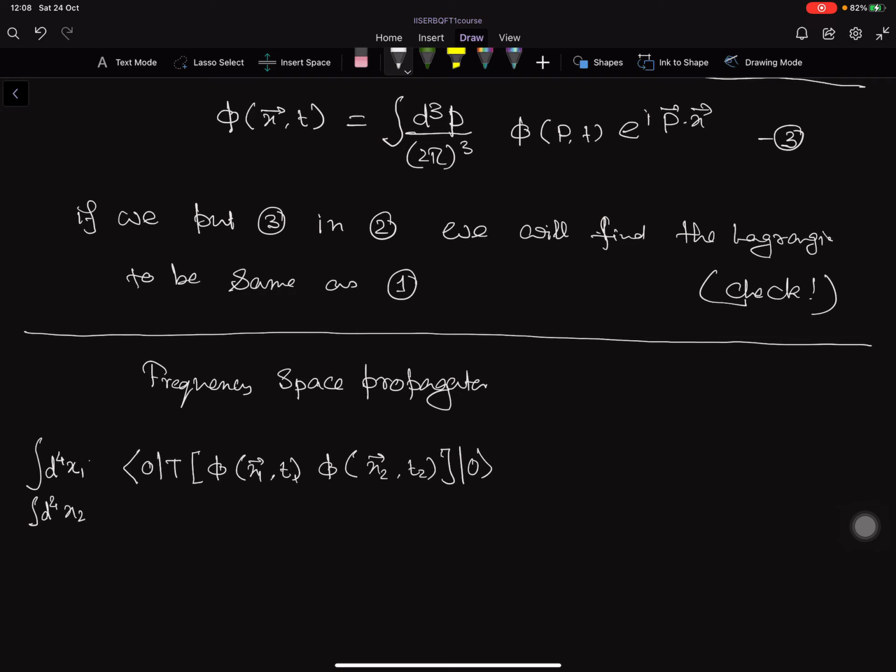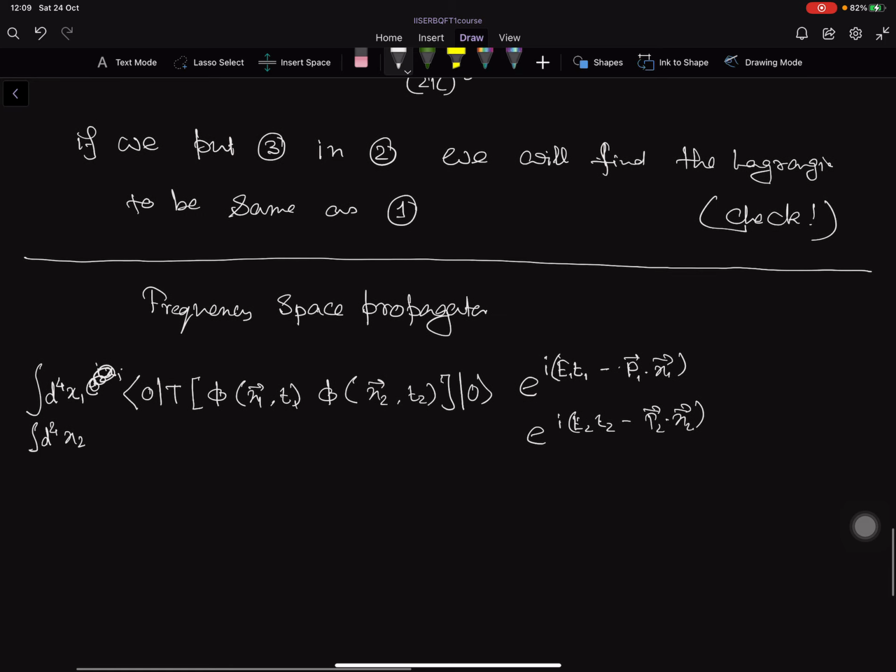Up to, of course, a suitable exponential, let's write this exponent here properly: exponential i e1 t1 minus p vector 1 dot x1, and similarly exponential i e2 t2 minus p2 vector dot x2 vector.